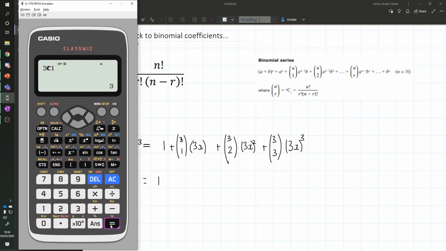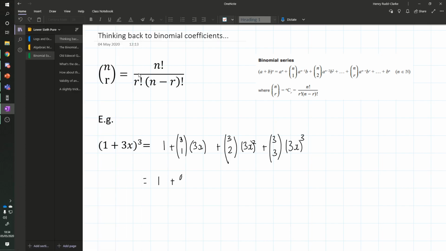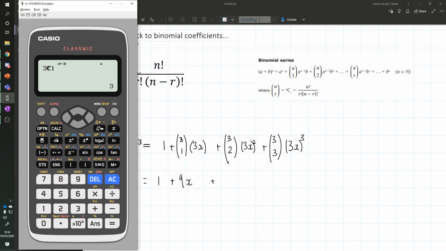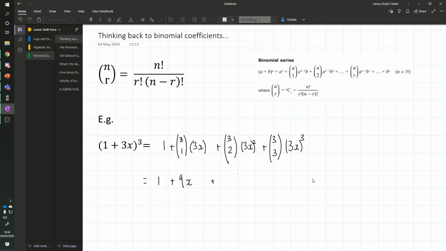So 3 choose 1 is 3, so this is going to be 3 times 3x, which is 9x, and then here we're going to have 3 choose 2, which is 3 as well. 3 times 3x squared, which is 9x squared, 3x in brackets squared. So that's going to be 27x squared.